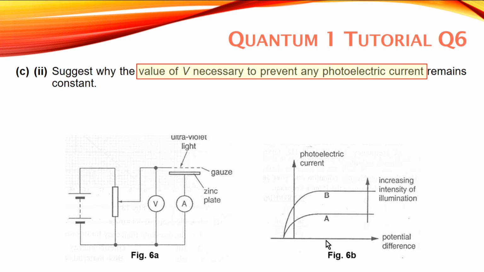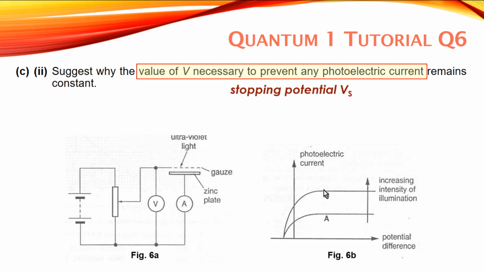There are other V, but at other V there's still some current. Only at this particular V does the current become 0. This V has a name, it's called the stopping potential. The value of the voltage that makes the current 0. Okay, stopping potential. So the question is actually asking you, why does the stopping potential remain the same?